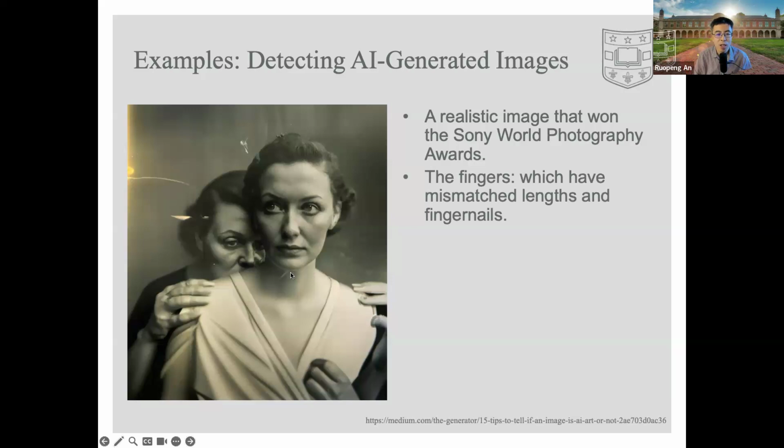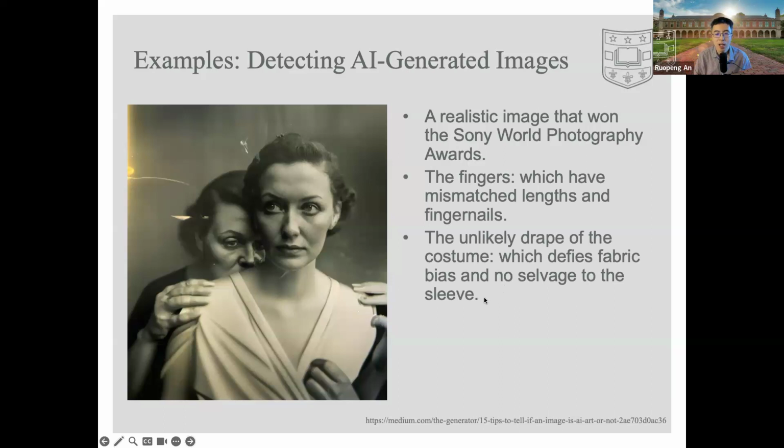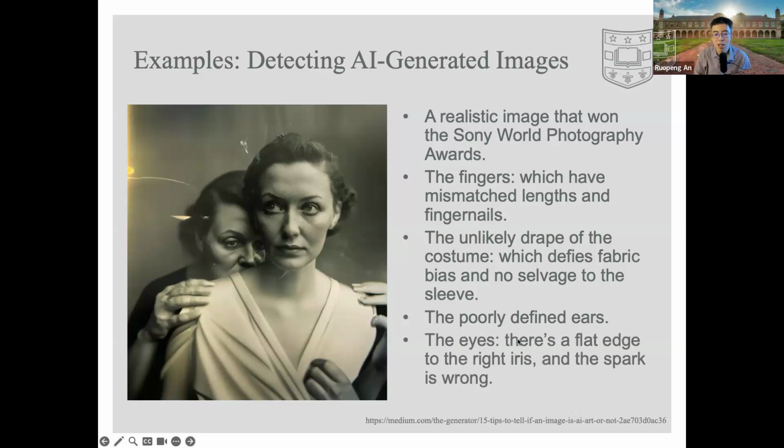If you look clearly at this photo, not really a photo but an AI-generated image, the fingers have mismatched lengths and fingernails. There is an unlikely drape of the costume here, which defies fabric biases, with no selvage to the sleeve. And also the poorly defined ears here. And the eyes: there's a flat edge to the right iris, and the spark is wrong.